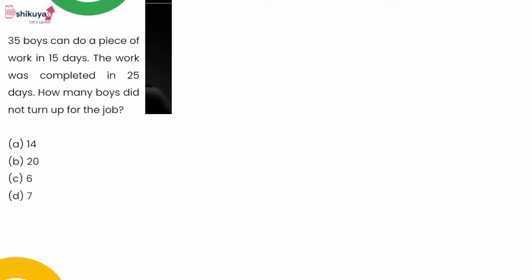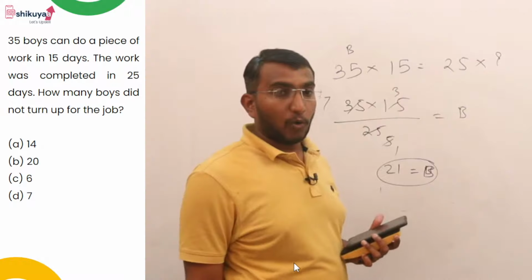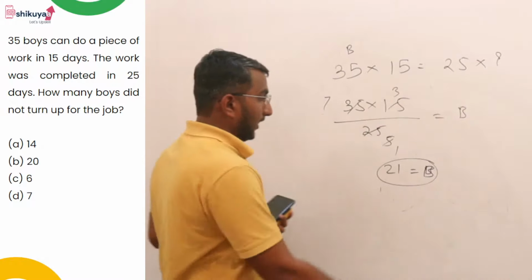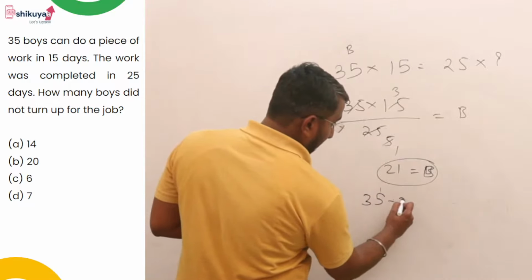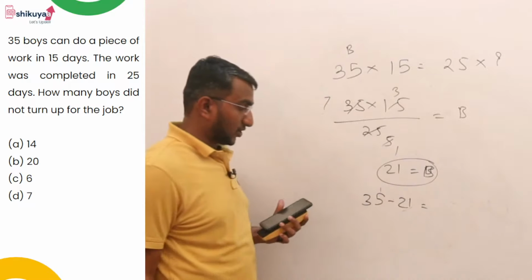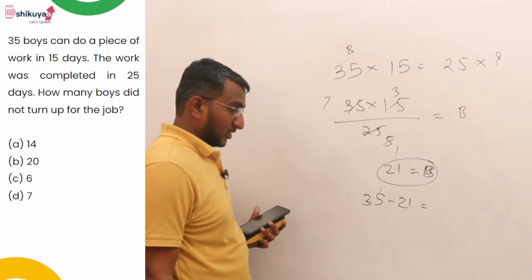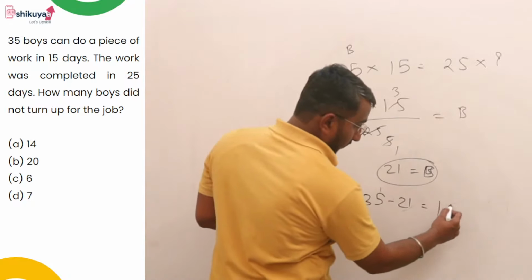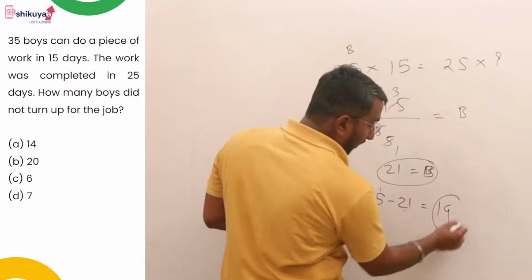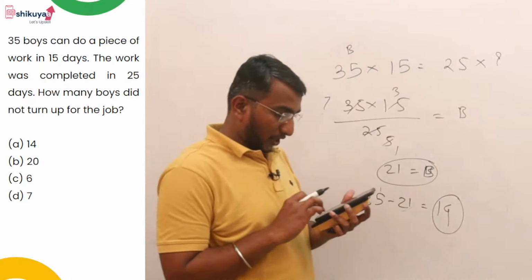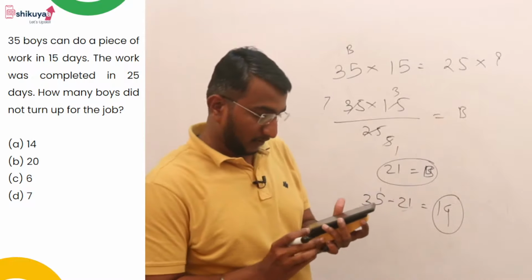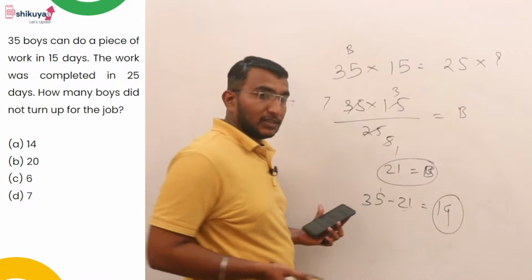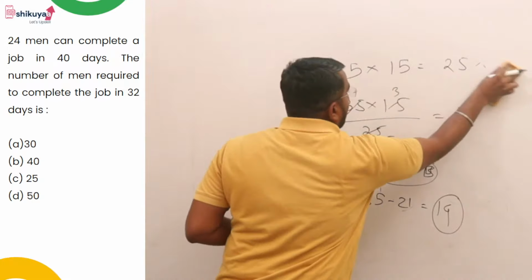So when it took 25 days to complete the work, the number of boys employed were 21. So just calculate 35 minus 21, which is equal to 14. So the answer is 14 boys did not turn up, which is given in option A. Okay, so I hope you have understood. Go to the next problem.